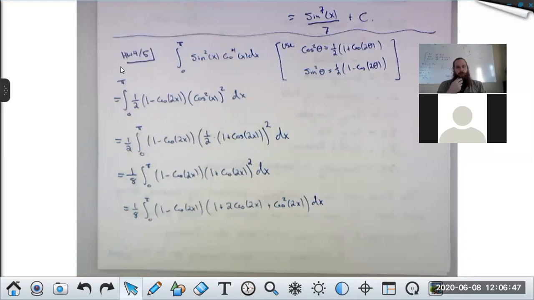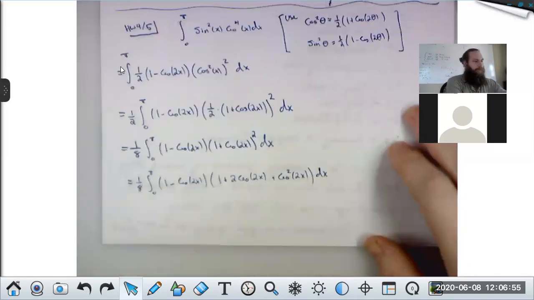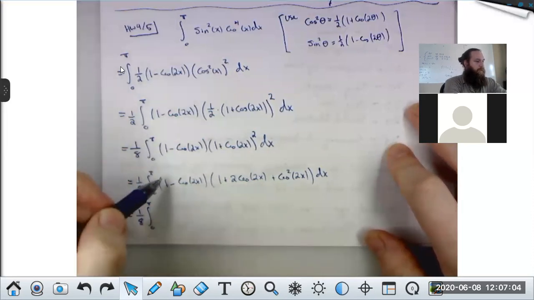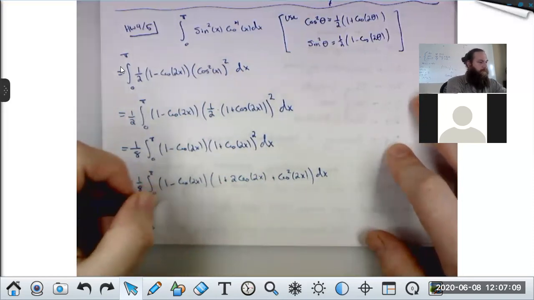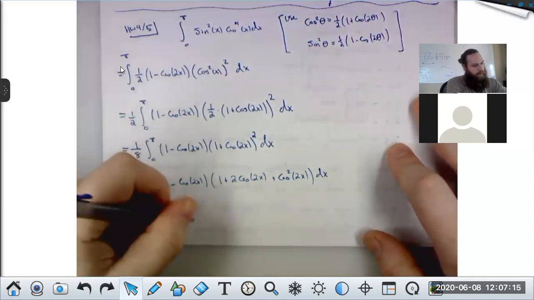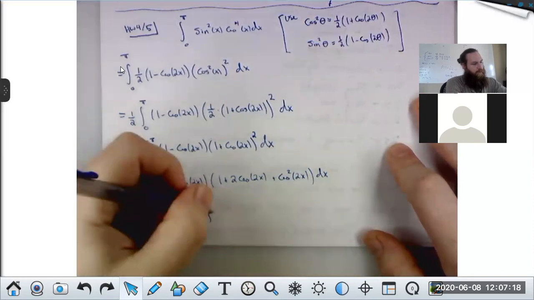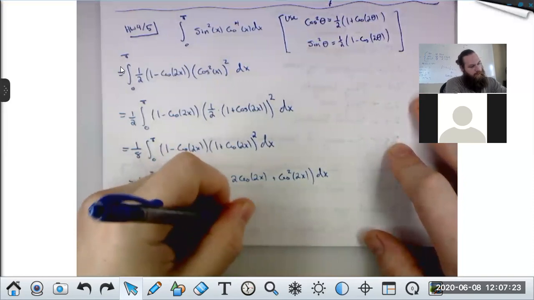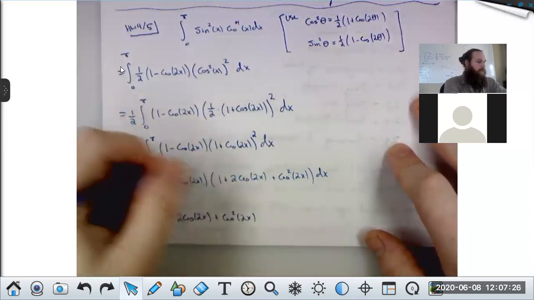And now I need to distribute the 1 minus cos 2x term over this trinomial in cos 2x. So what will I get when I do that? Just do it carefully. 1 times 1 is 1. 1 times 2 cos 2x is 2 cos 2x. 1 times cos squared 2x is cos squared 2x. And now from that, I'm going to subtract, distribute the cos 2x terms.